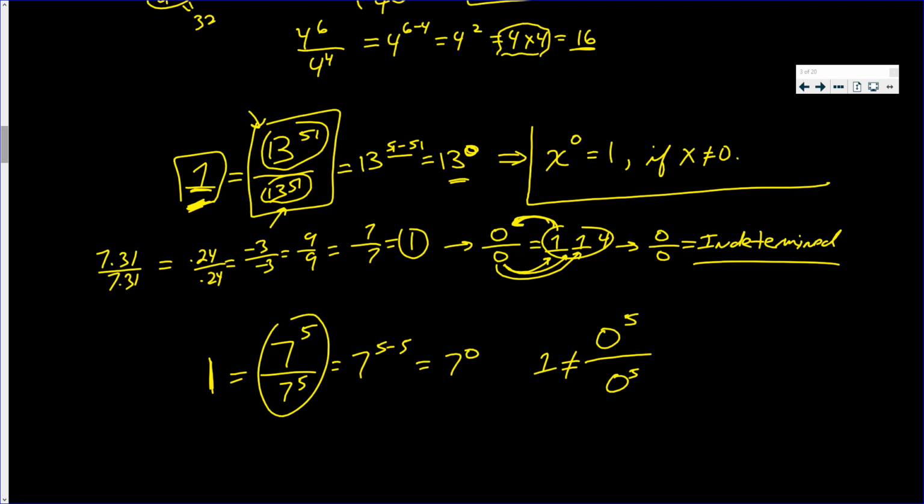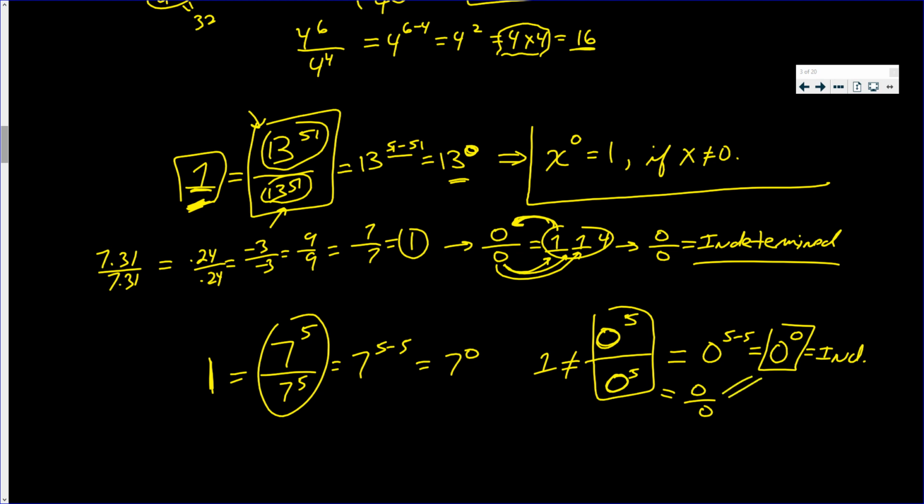It's indeterminate. But this does equal 0 to the 5 minus 5, which is 0 to the 0. This is also indeterminate. I don't know what this is. Why? Because it came from the top number, 0 to the 5, which is 0, and the bottom number, 0 to the 5, which is 0. 0 over 0 is what gave us 0 to the 0.